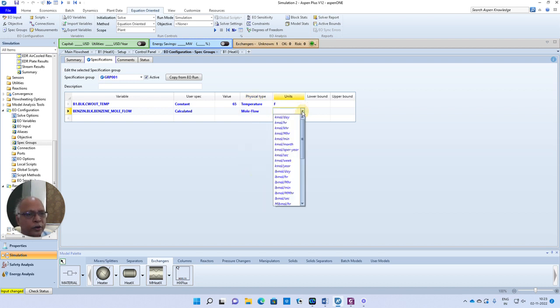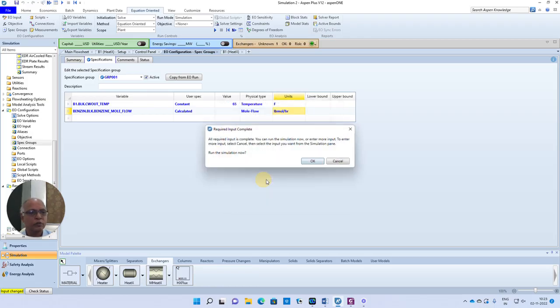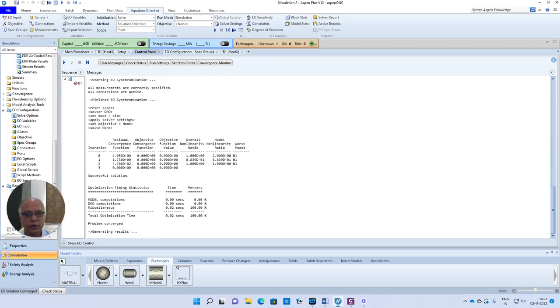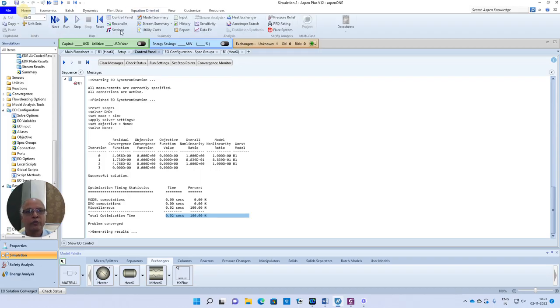Units lbmols per hour. Having created this spec group, now we should be in a position to run the problem in the equation-oriented approach. You can see it took very little time compared to the sequential modular approach, so we should be able to observe the results.